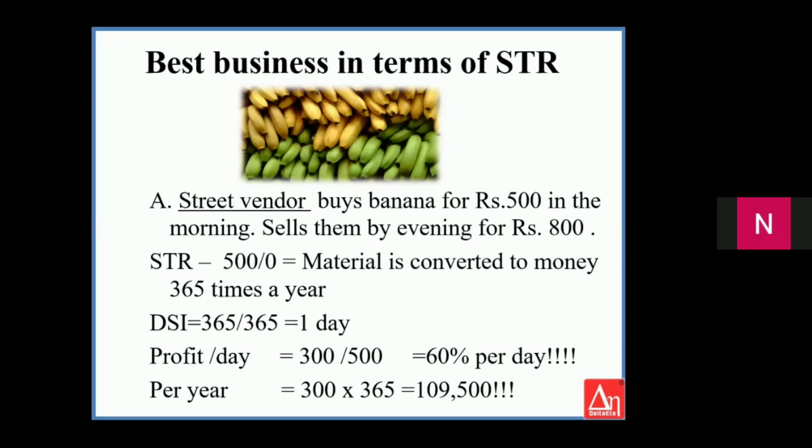And in the year, his 500 rupees investment on January 1st is becoming 1,09,500 rupees. So in terms of investment, if you see just 500 rupees invested, at the end of the year it becomes 109,500, or it turns over 365 times because he doesn't keep a single banana as stock. He buys in the morning, he sells in the evening.